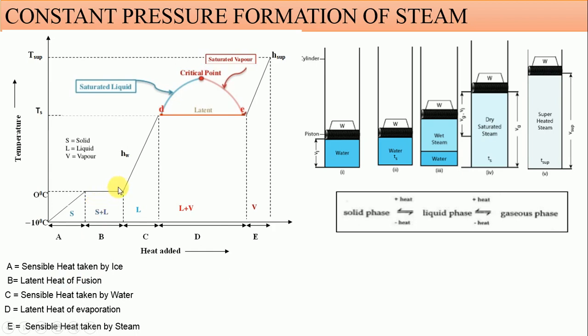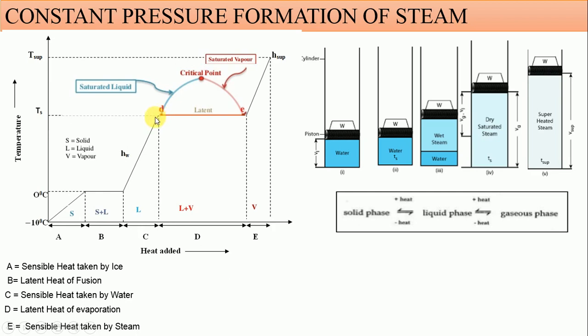Now on further heating, here if you see, the 0 degrees Celsius of water is there. Now this 0 degrees Celsius of water gets converted into the 100 degrees Celsius of water at this position.